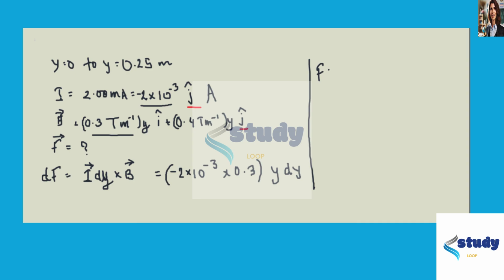F will be the sum of all forces from length 0 to 0.25. So this gives the integral from 0 to 0.25, and what is dF? Except for the constants, it is y dy, and the constants will be minus 0.6.